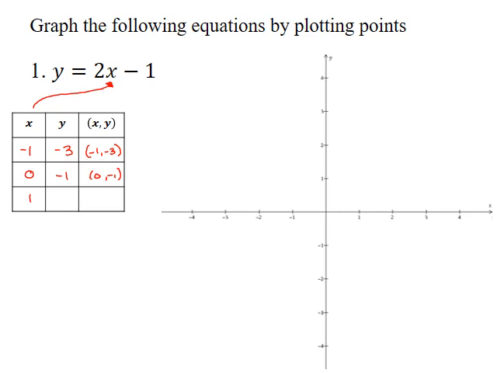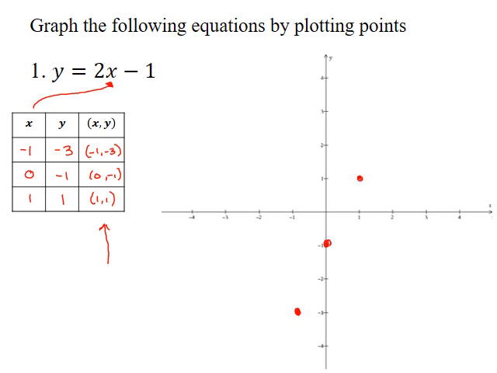And finally, if you plug the x value of 1 in, 2 times 1 is 2, 2 minus 1 is 1, and that creates the point 1, 1. You can then plot these points and draw whatever the equation is. So if I go to negative 1, negative 3, plot that point, 0, negative 1, and 1, 1.